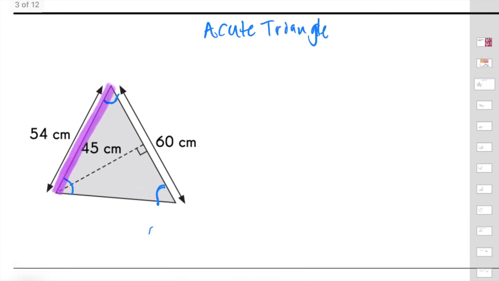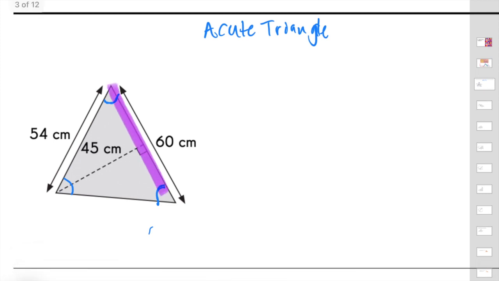So let's just problem solve this. If we wanted this side, 54 centimeters, to be the base, is there any measurement that we have that would be running perpendicular? Remember, it has to run at a right angle. We don't have that measurement. So really that side, that purple side, does not make sense to use as the base.